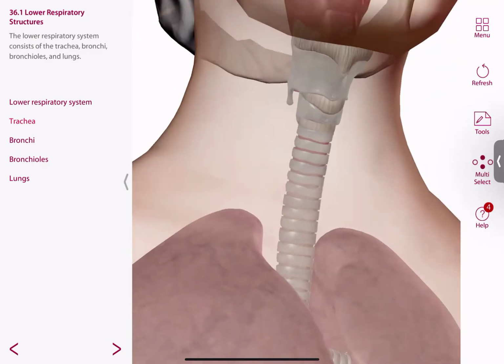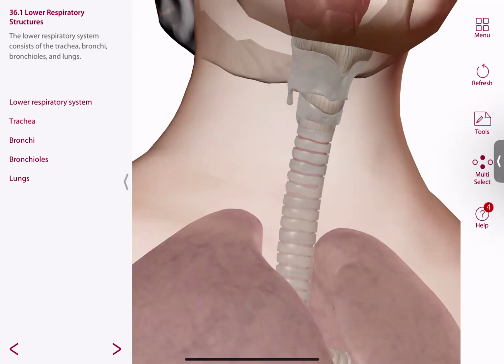Now, internally, the trachea is lined by ciliated columnar epithelium. The reason that there is a ciliated epithelium is because there is a possibility that dust particles or food particles or water may enter into the trachea.